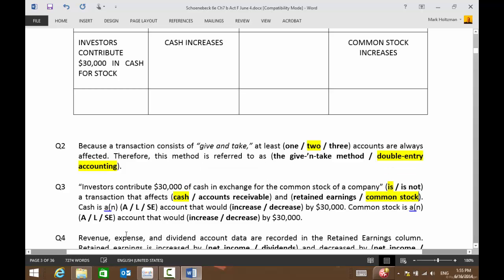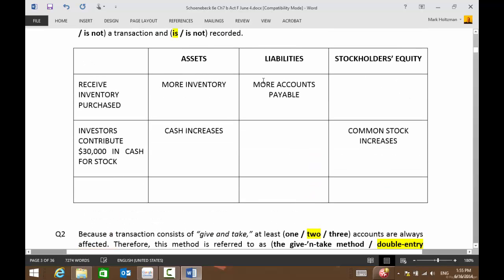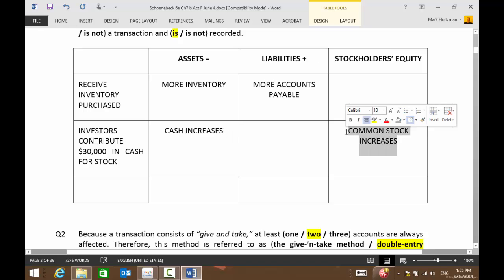Cash is what? Asset, liability, stockholders' equity. Asset, which is going to increase or decrease? Increase. And common stock is a stockholders' equity account that is also going to increase by $30,000. So you can see here that this balance of assets equals liabilities plus stockholders' equity is always going to be maintained. Because it always has to be equal, right? So cash increases on one side, then common stock increases on the other.